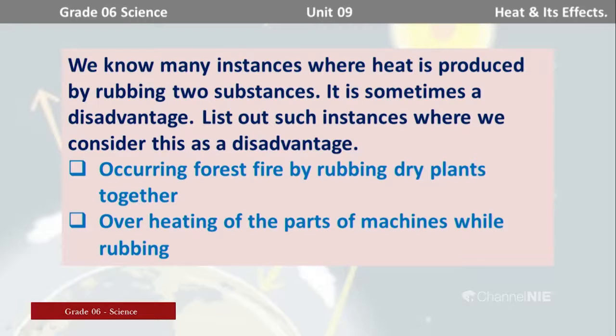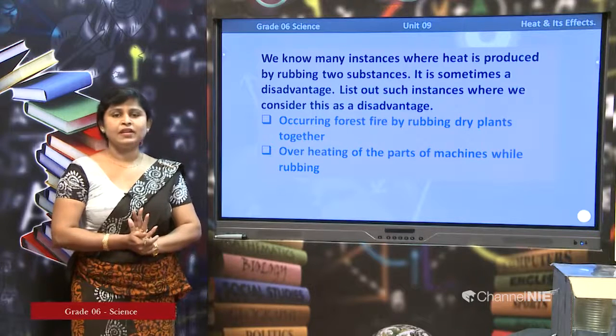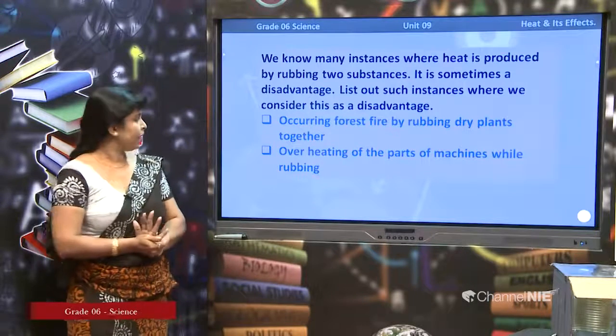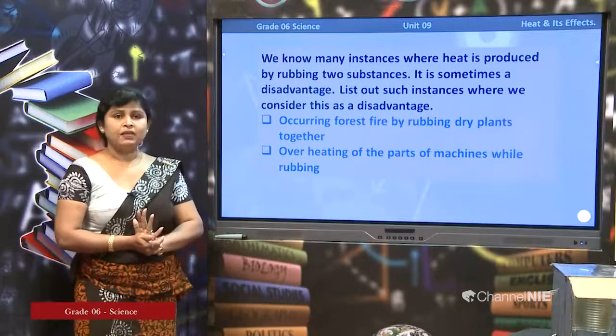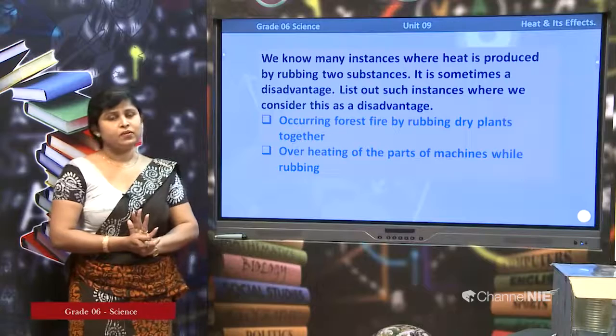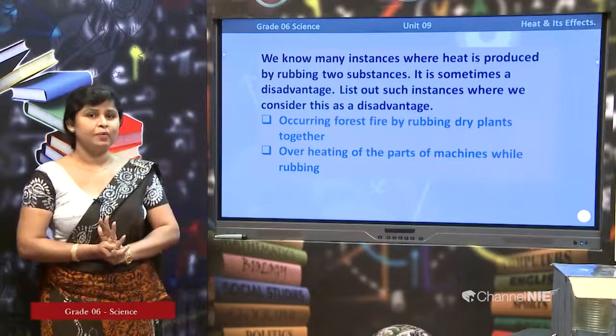When the machines are working, the parts are rubbing with each other. It produces heat, right? This will damage the machine. So, those are the disadvantages of production of heat while rubbing.